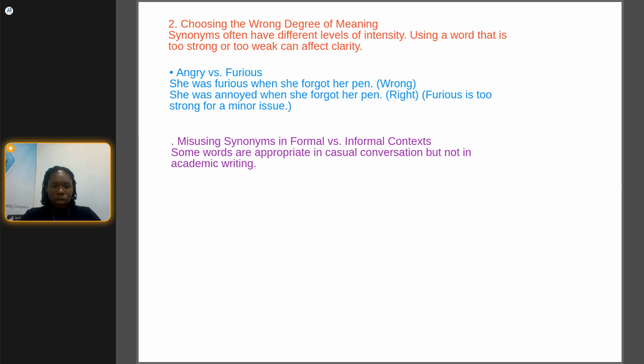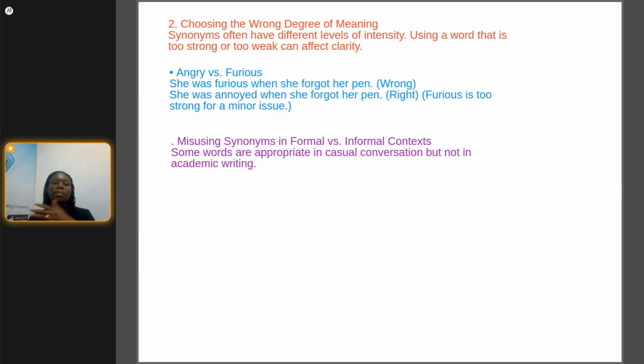All right. So just in that case for formal and informal, when you talk about synonyms, there are some synonyms that you can use for formal context, and there are some synonyms that you can use for informal context. You would be making a mistake if you're supposed to use a formal synonym in a context, but you decide to use an informal synonym.